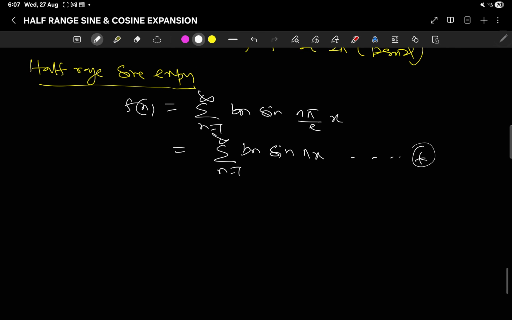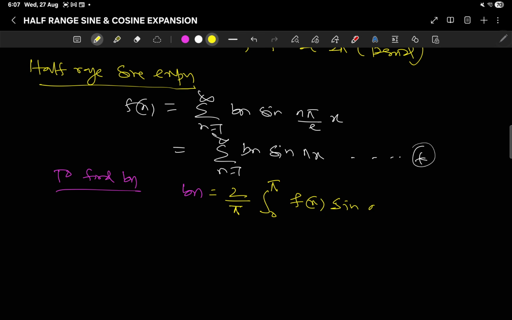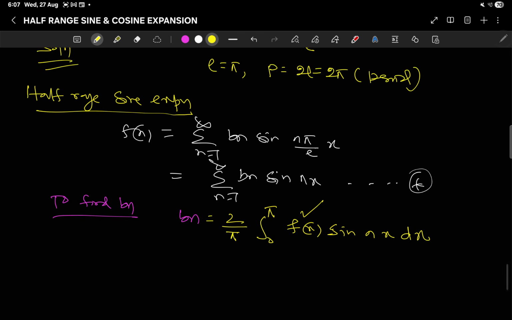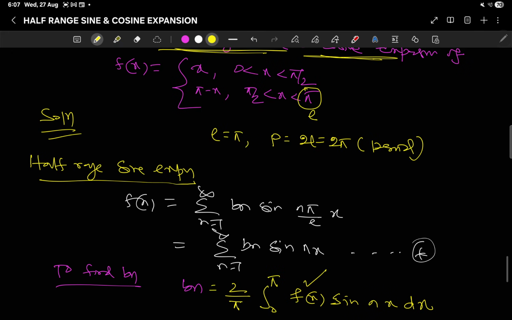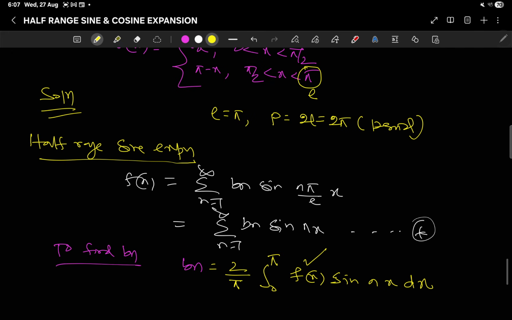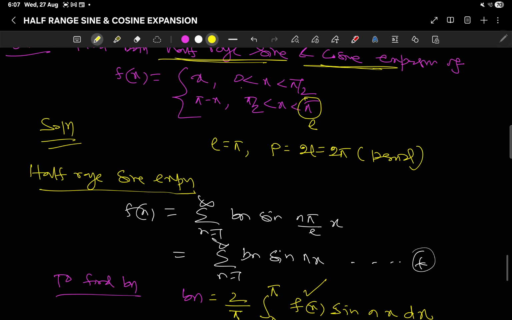Now to find B_n, B_n is equal to here 2 by L, 2 by pi, 0 to pi, directly I am writing f(x) sine n x dx, because pi is here L. Now the value of f(x) from 0 to L, from 0 to L only, right? So we have to split it, 0 to pi by 2, then pi by 2 to pi.